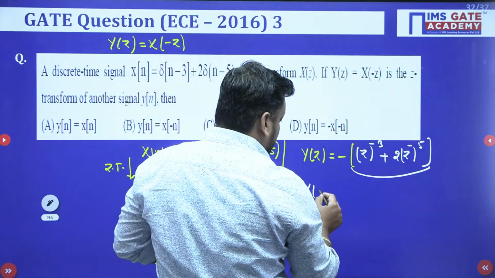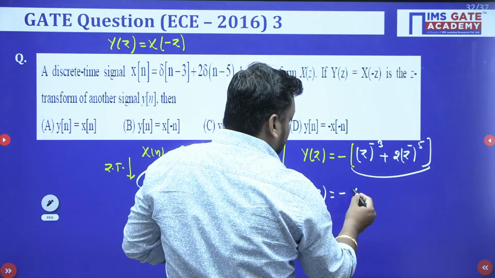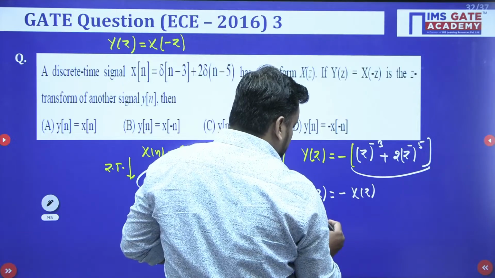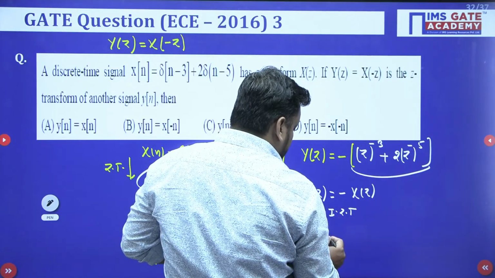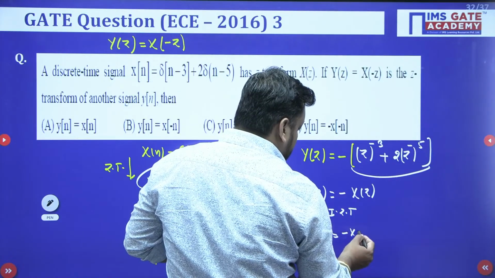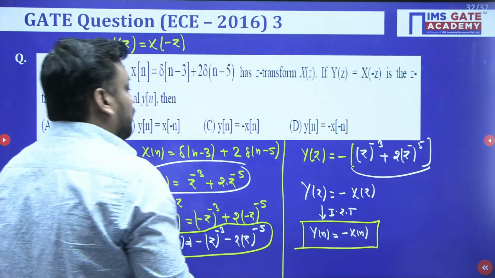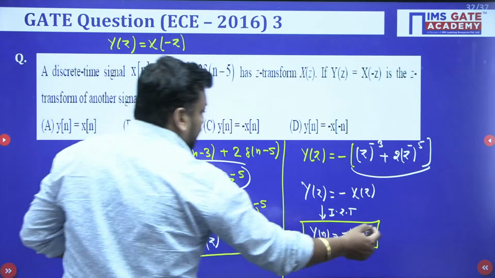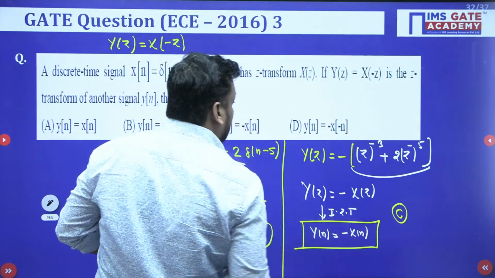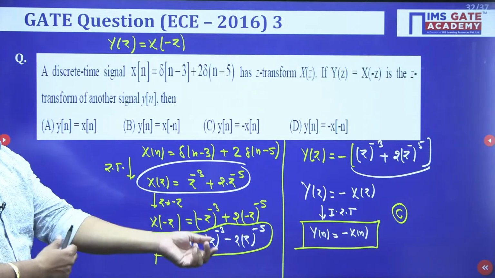So your Y(z) will become minus X of z. So when you take the inverse z transform, you will for sure get y of n equal to minus x of n. It means option number C only. Option number C, y of n equal to minus x of n.